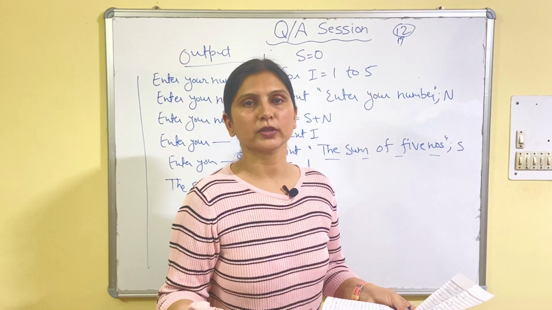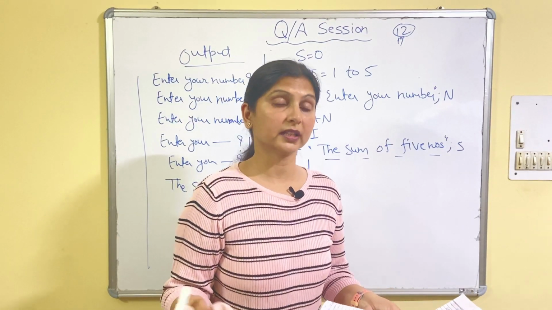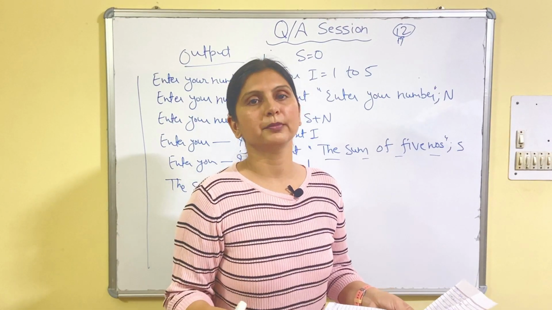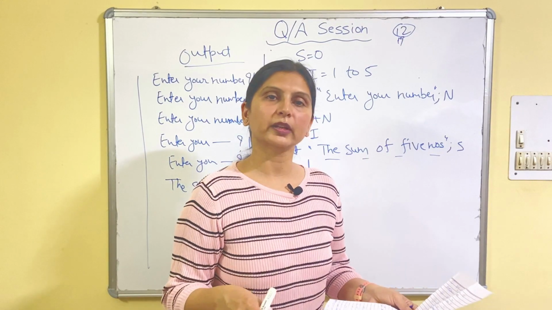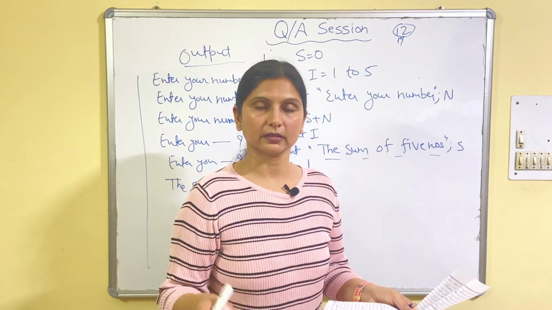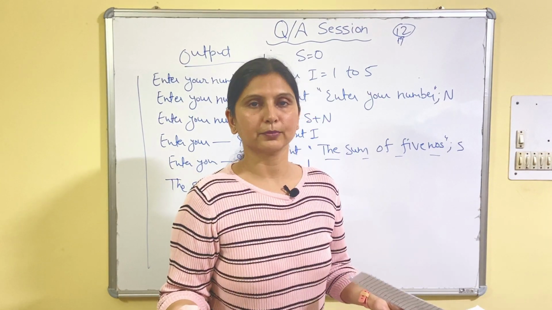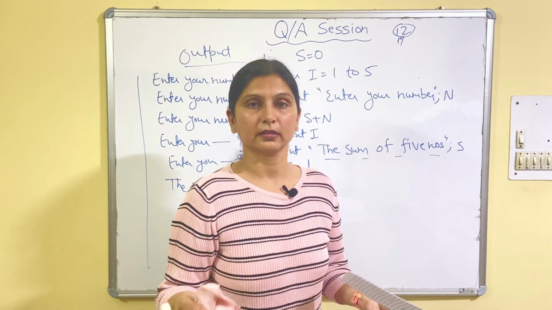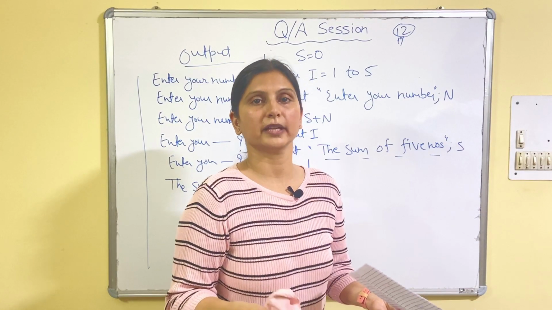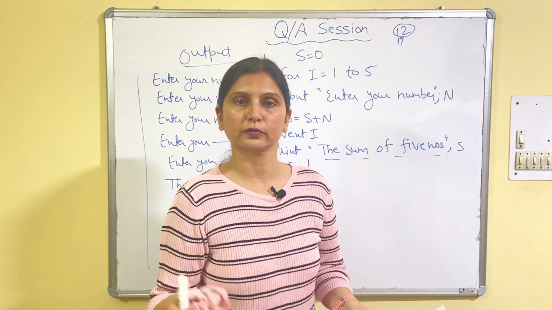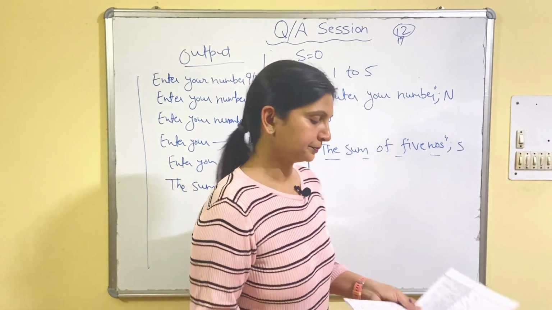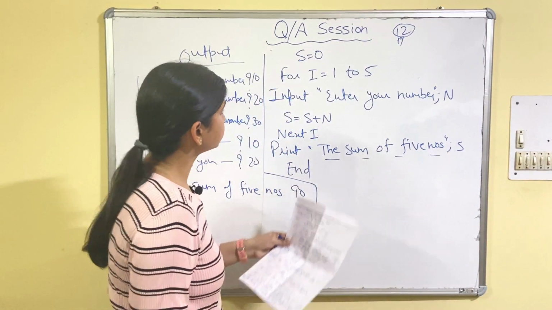If it is written by using any loop, so you can use any loop. Otherwise, specific loop will be mentioned. And every program, whatever programs we have discussed, you can do by using any loop. Like the programs which you have done with for next, you can do with while when also, with do while also. Fine. So let's start.